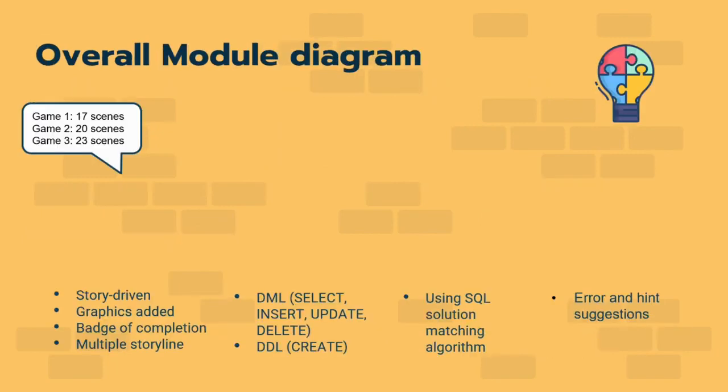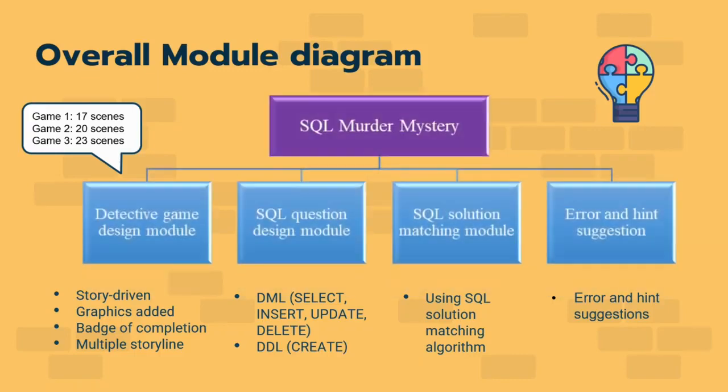This application will be divided into 4 main modules according to the system objectives. The first module is Detective Game Design, which includes 3 different storyline designs, and each storyline consists of more than 17 scenes of questions to be solved.